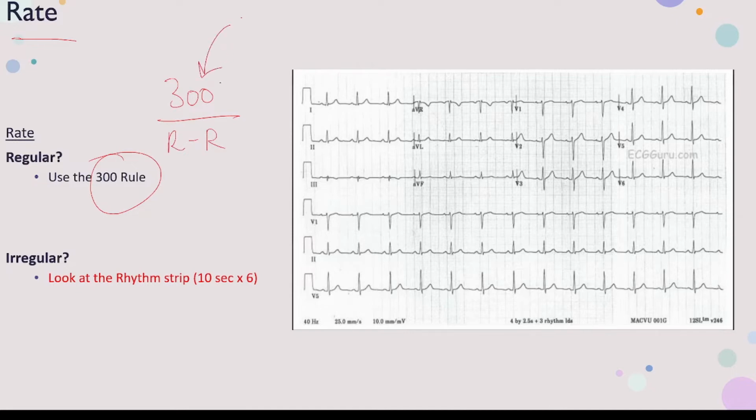Well, this number is used because the ECG moves at a speed of 25 millimeters per second, and over a space of 1 minute, there would be 300 large boxes. 1 minute is important here because we calculate in terms of beats per minute. And so by doing 300 divided by the number of large boxes between one R to R interval, we can calculate the beats per minute.